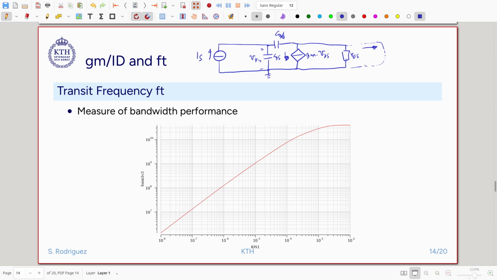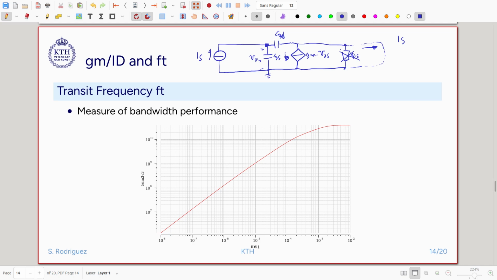So if we short circuit the output, this resistor disappears, and then basically the input current IS gets multiplied by all the impedance that we have in this node. This short circuit makes sure that this is grounded.